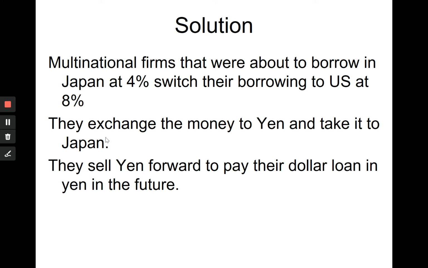They sell yen forward to pay their loan if their business has income in yen from Japan. So all these activities can be done by a multinational company and usually is done. And therefore, this interest parity, except for a transaction cost, except for a slight difference, would hold in international markets.